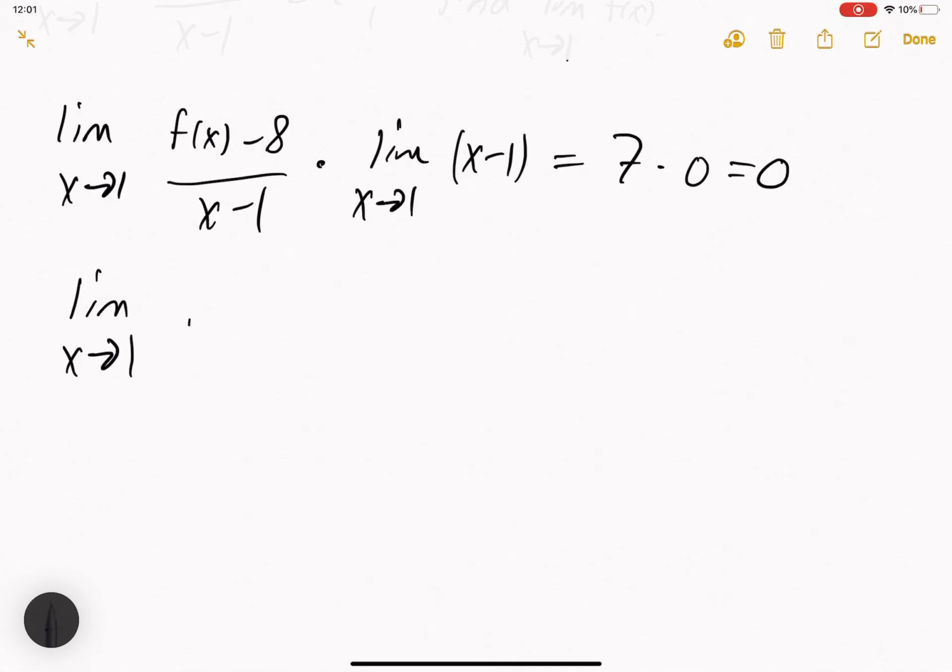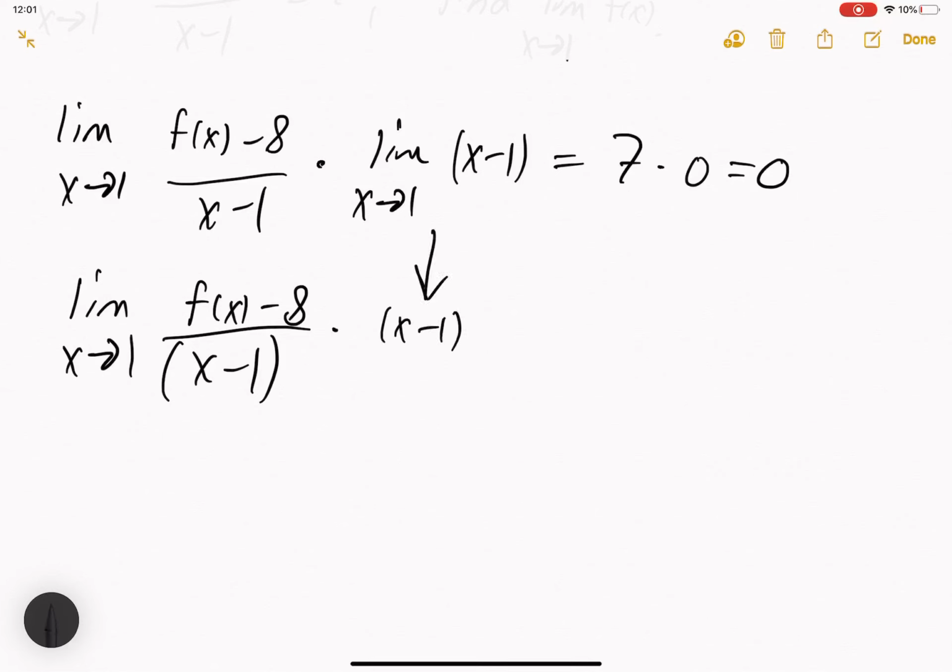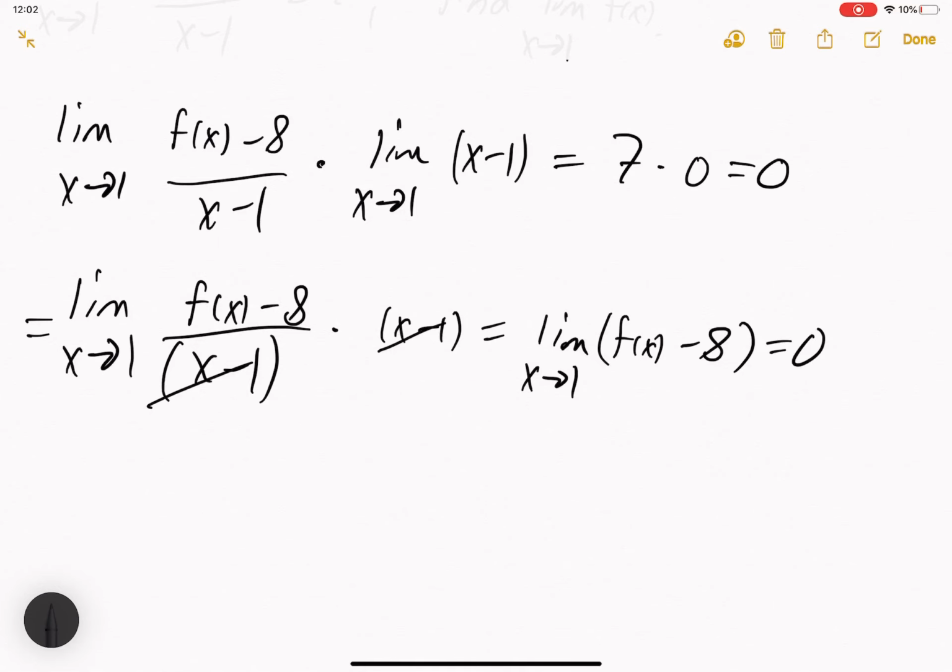So we get the limit of (f(x) - 8) over (x - 1), which is this piece, times (x - 1), which is this piece, and the x - 1s cancel, leaving the limit as x goes to 1 of f(x) - 8. And again, this is a chain of equalities, so this is equal to 0.